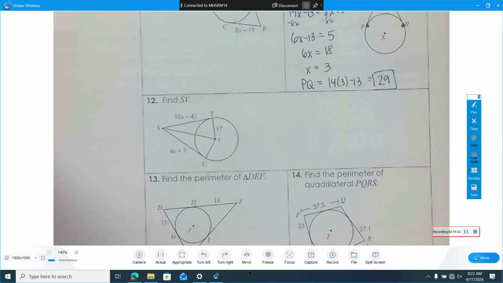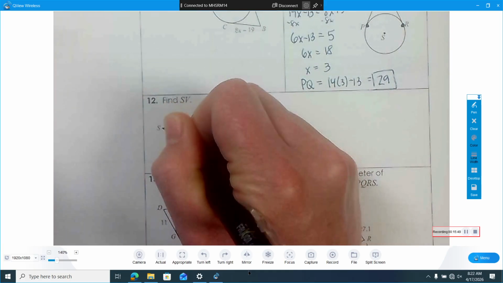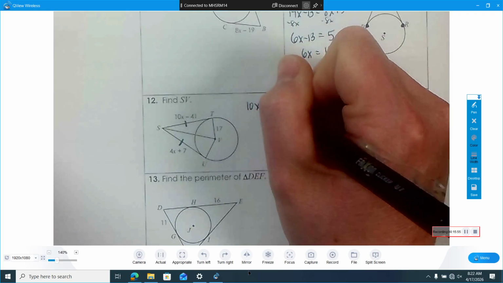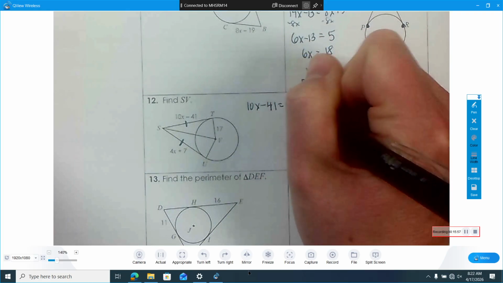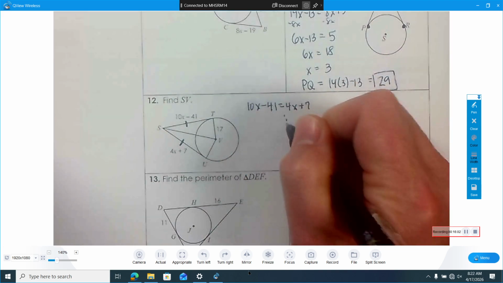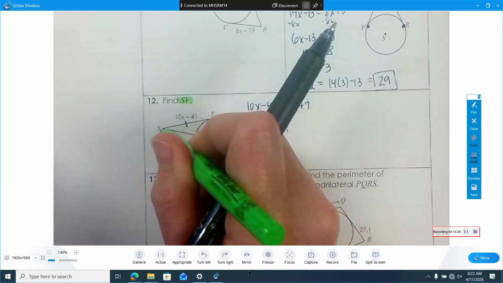What do you know is congruent? 10x minus 41 equals 4x plus 7. Good. So right here, we know that ST is congruent to SU, so we can set up an equation. 17 and the other side also. So we can use this equation to solve for x, but it wants us to find SV.